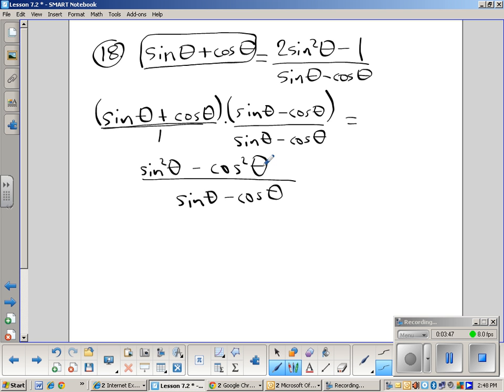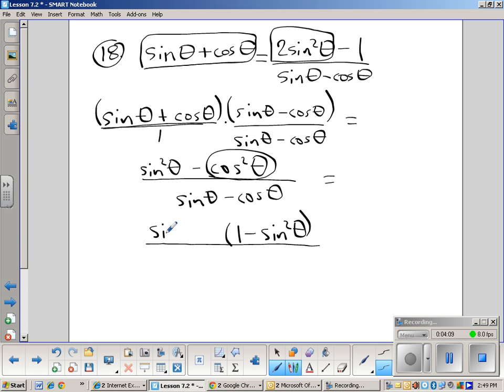And now I look up and I see on the other side I have a 2 sine squared theta. So what I'm going to do is continue to use the Pythagorean identity, and I'm going to turn this cosine squared theta into 1 minus sine squared theta. I got that from the identity, which I don't have on the board here.